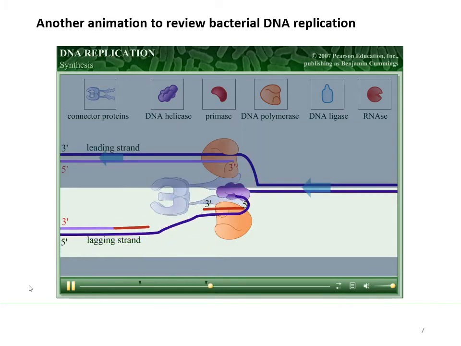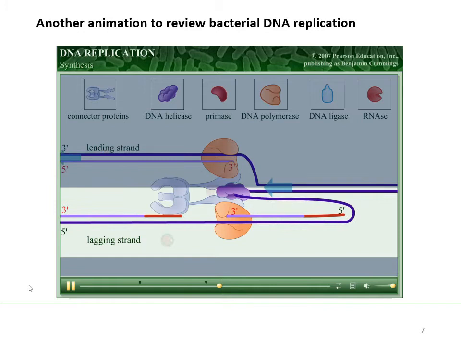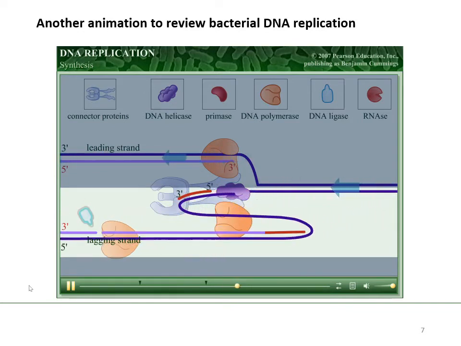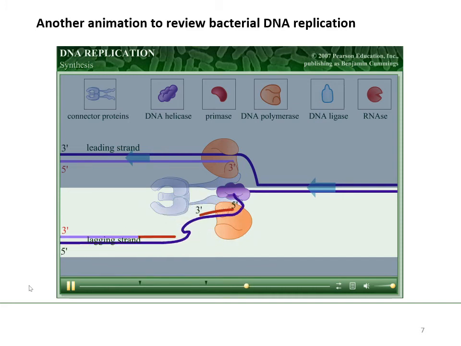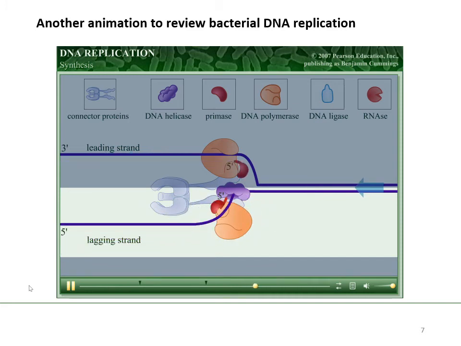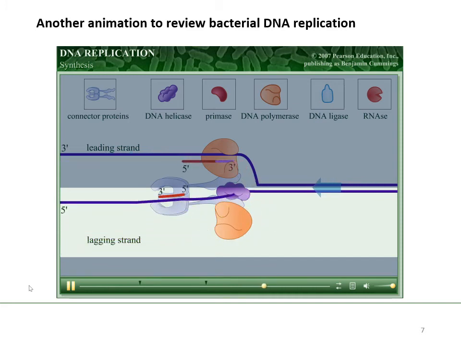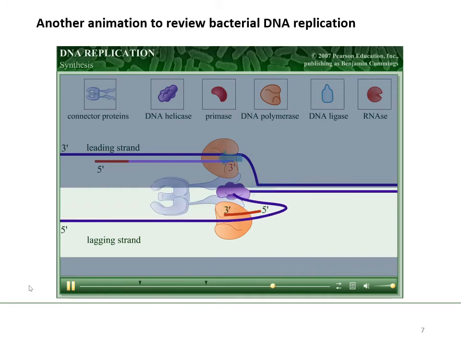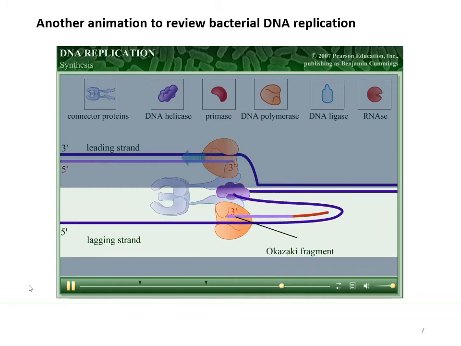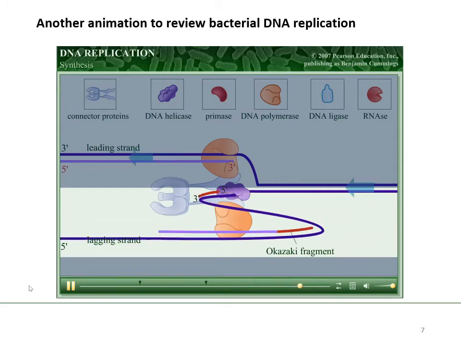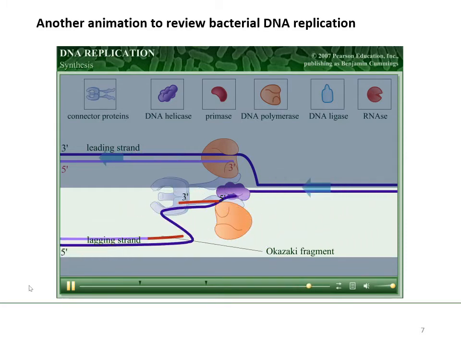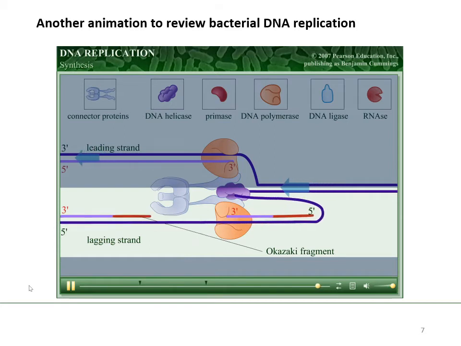Since DNA polymerase can only add nucleotides to the 3' end of the growing DNA molecule, the lagging strand is synthesized discontinuously away from the replication fork in the 5' to 3' direction. The DNA of the lagging strand is synthesized in pieces called Okazaki fragments, which consist of about 1,000 nucleotides. Each Okazaki fragment requires its own RNA primer.